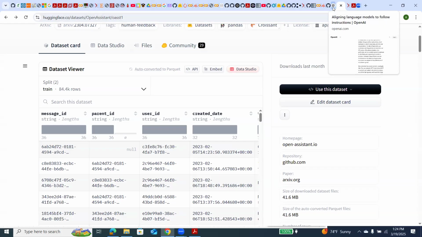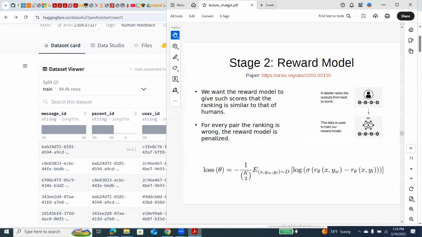But okay, let's go back and understand why actually our original model will update the weights in the way that the user will like more the outputs from this model.